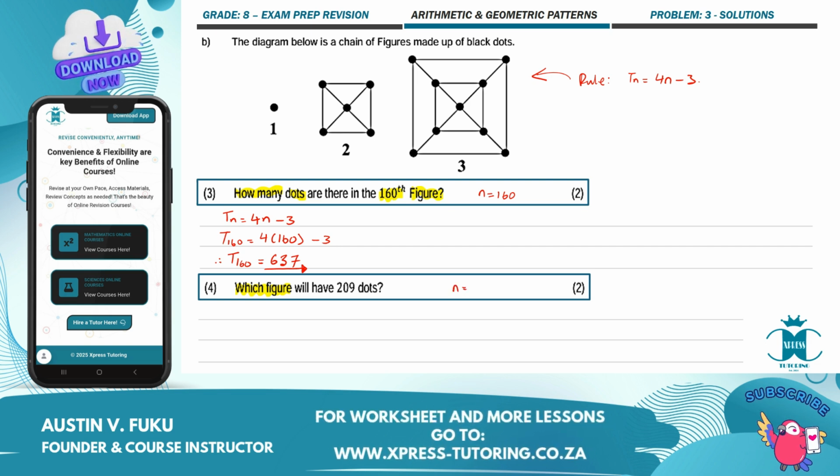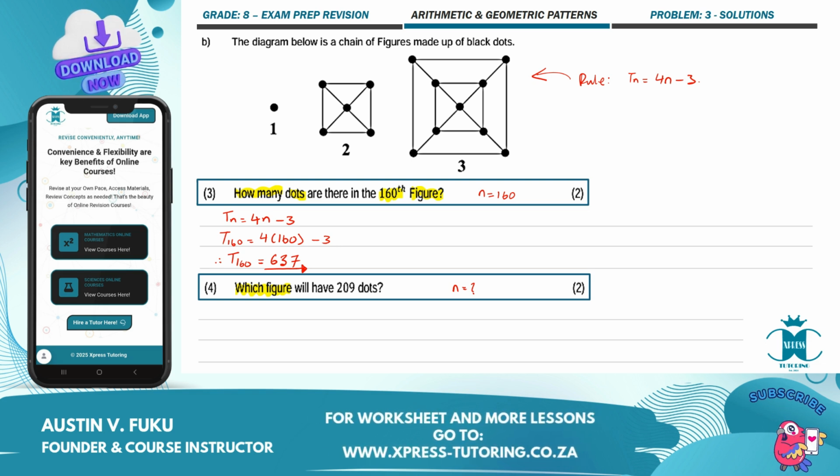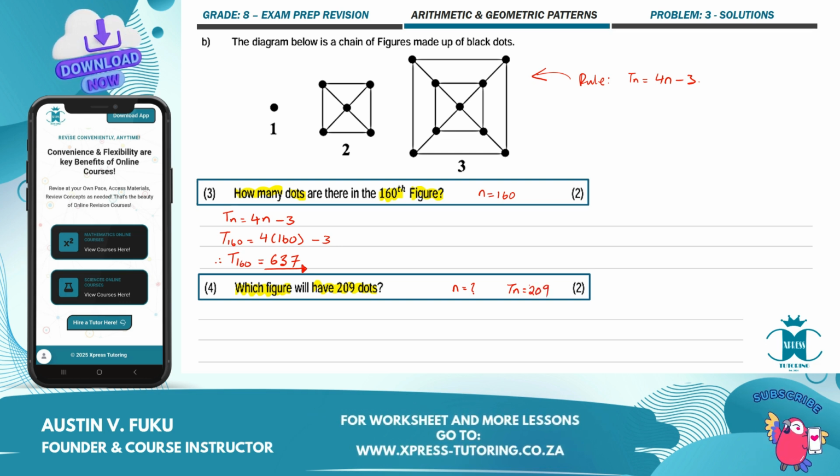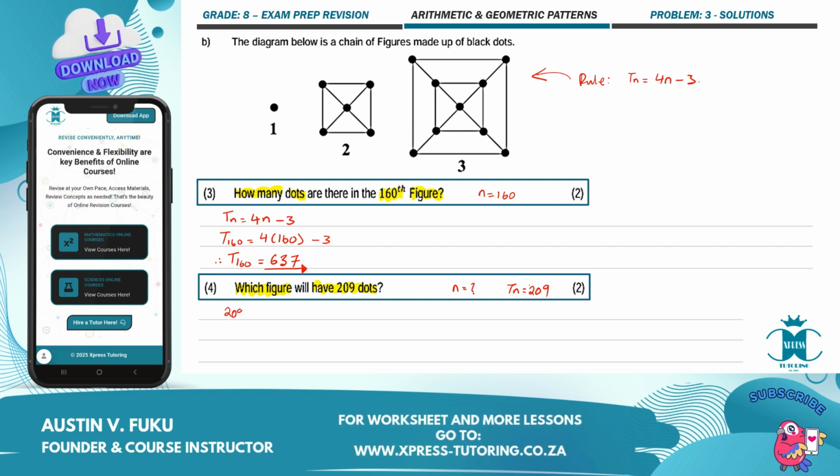But we'll have 209 dots, so that means we know the value of our Tn here. So Tn is equal to 209. So where we see Tn in our general formula there, we're going to substitute 209. So that means we are going to have 209 is equal to 4n minus 3.